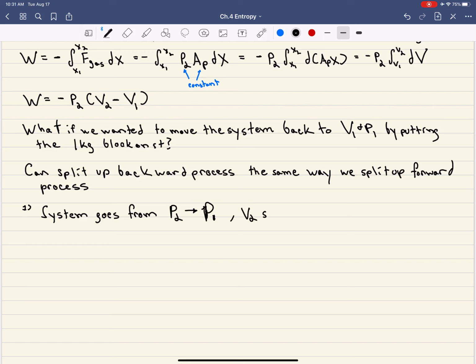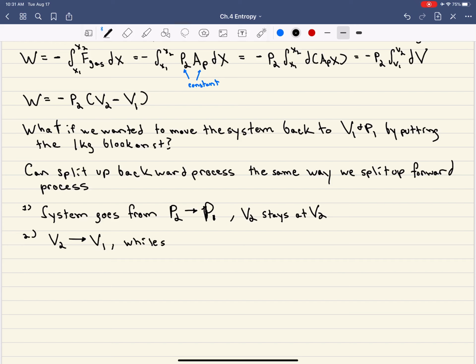And then after you change the pressure, then you would change the volume. Well, the system is at P1. Okay?